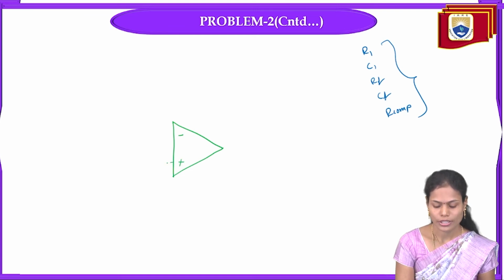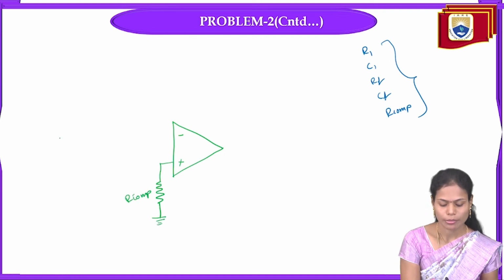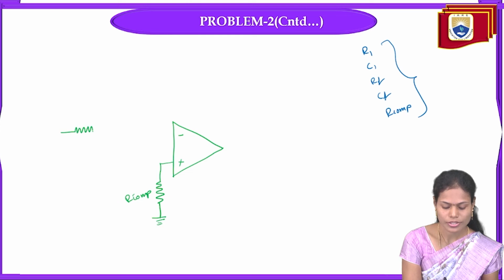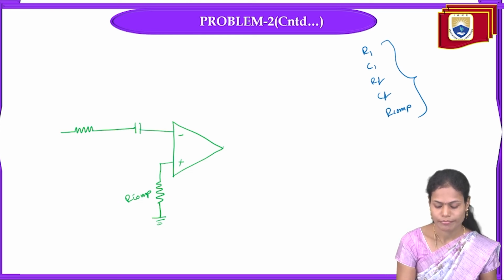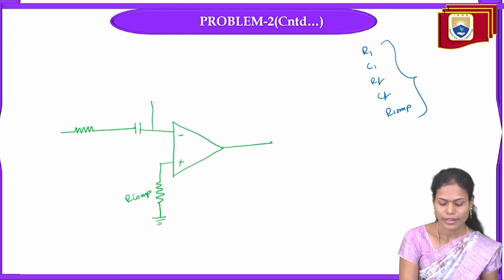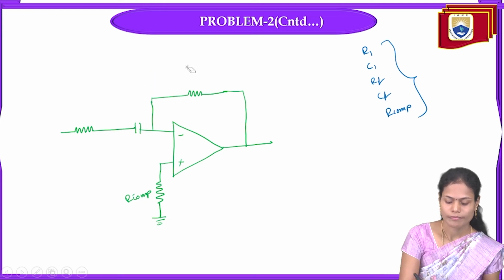At the non-inverting terminal we have the R compensation resistance, at the inverting terminal we have the resistance and the capacitor, and in the feedback again we have the resistance and the capacitance.